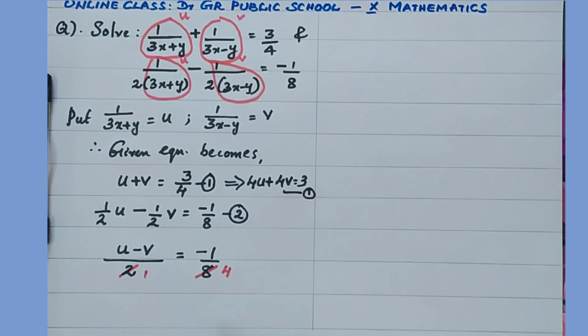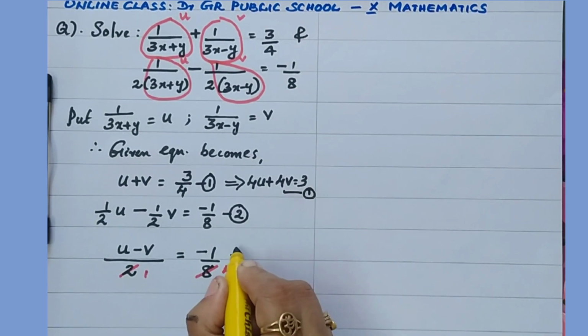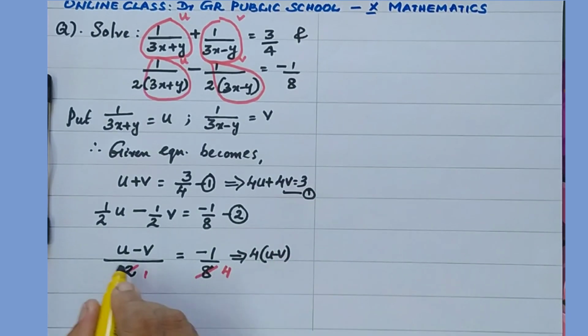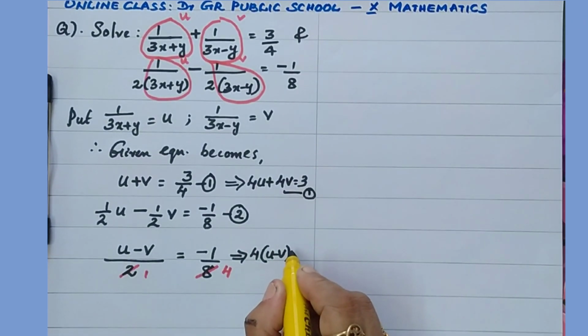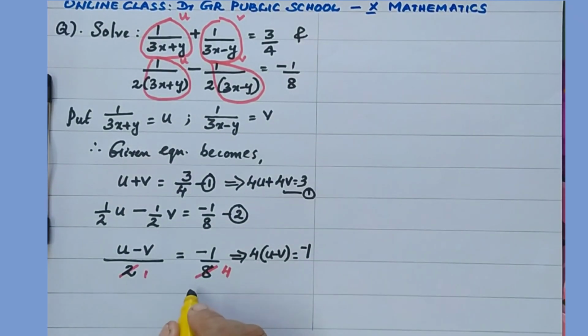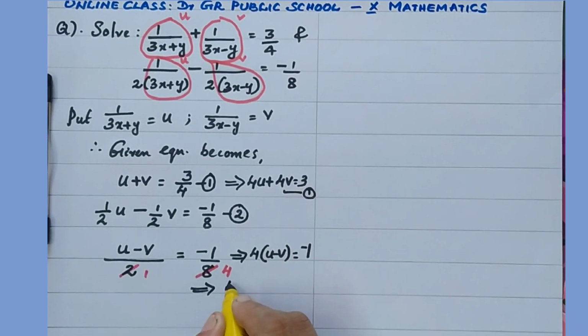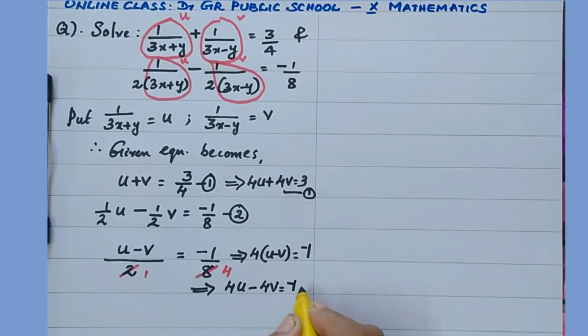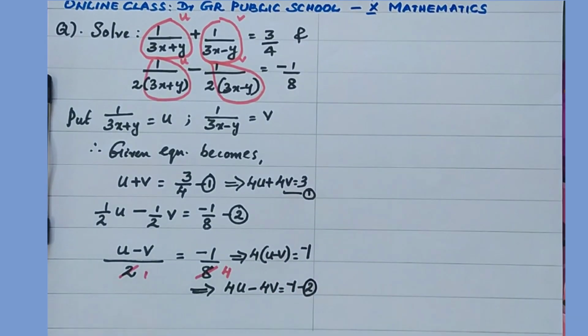Now, what I am going to do is make a cross multiplication here. Which implies 4 into u minus v. Cross multiplying, 4 into u minus v equal to, now your right side is minus 1. Multiplying inwards, you get the second equation as 4u minus 4v equals minus 1. This is your second equation.